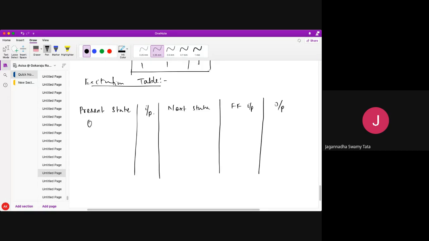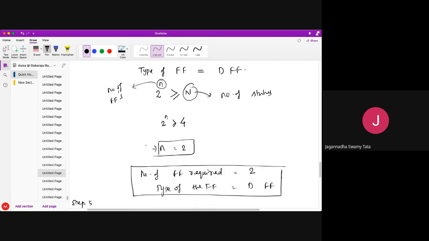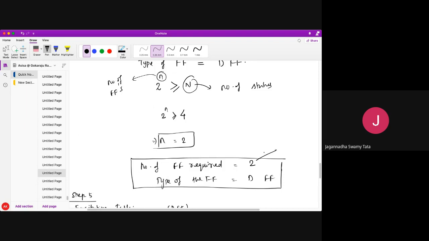Can I denote present state as QA and QB? Yes. And what is my input? X. What is my next state? QA plus 1 and QB plus 1. What is my flip-flop input? How many flip-flops are there? Two flip-flops, so DA and DB. Are you understanding? Two D flip-flops, because we have already derived that we require two D flip-flops.